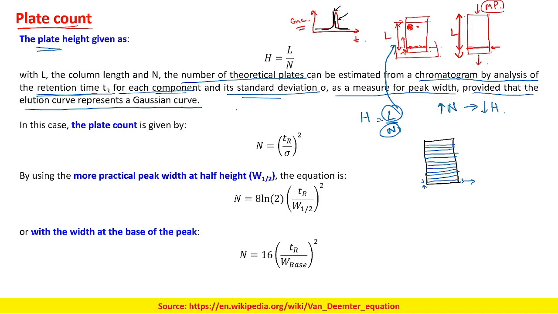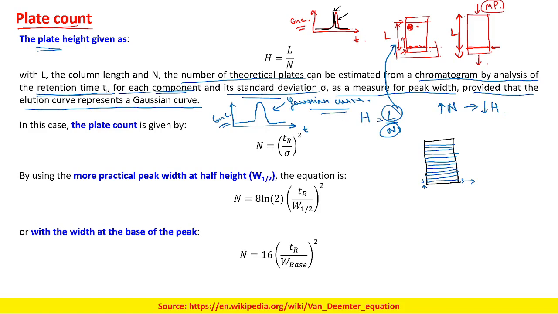So what it is saying, you are having these peaks of the analytes which are coming out of the chromatographic system. You are analyzing it. First of all, this peak should be a Gaussian curve.